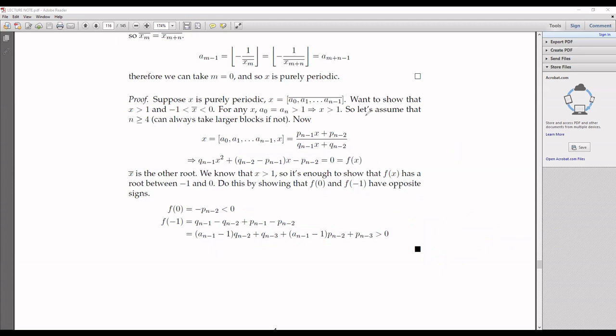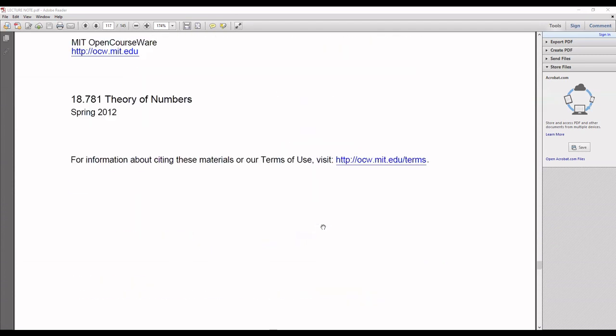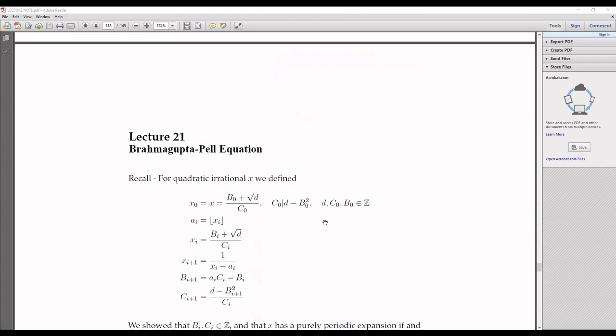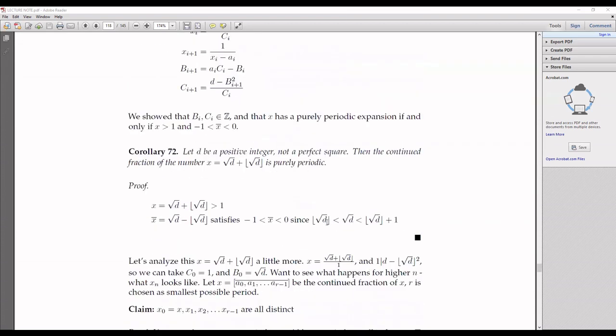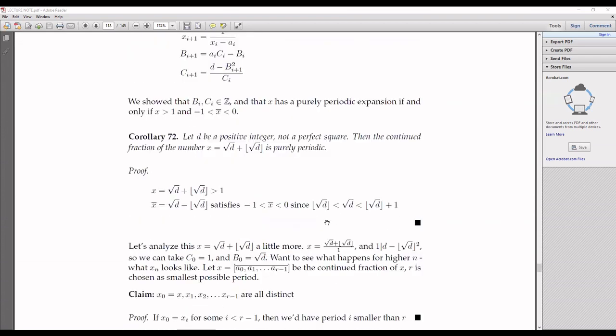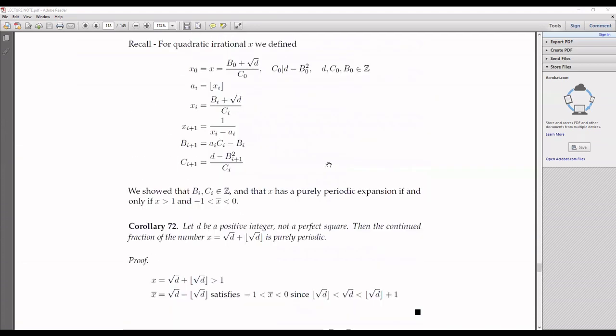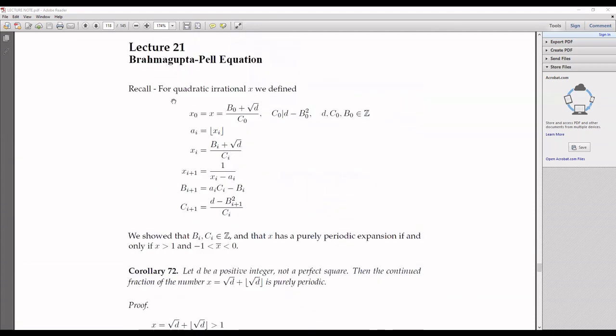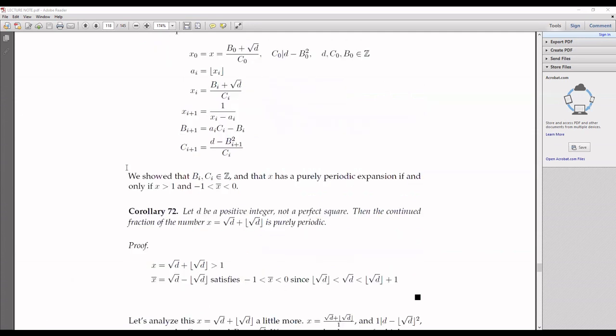Okay. Right, that was the end of that proof. In the next lecture, they recapped the equations we used in an algorithm in our last class and mentioned what we just proved.